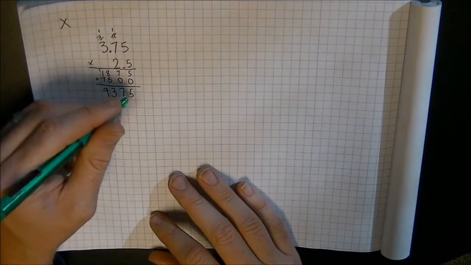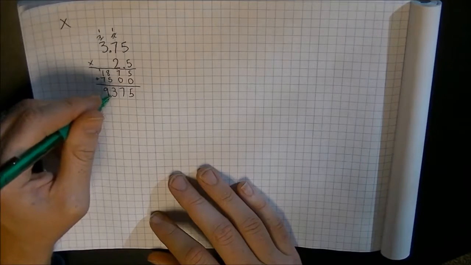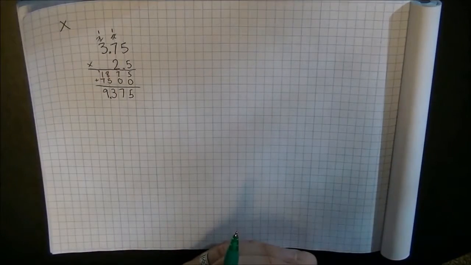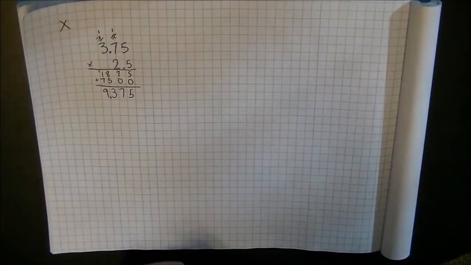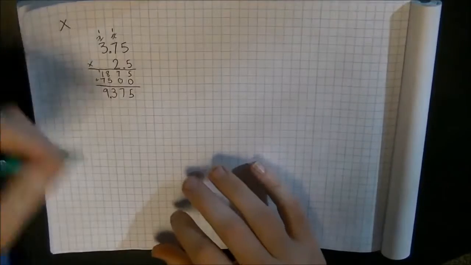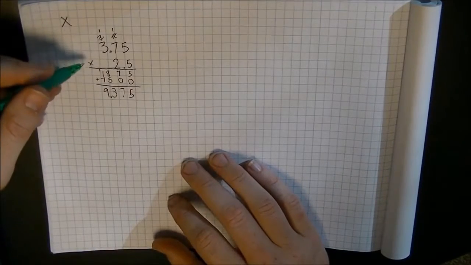So it's going to be 1, 2, 3, so we'll have 9.375.